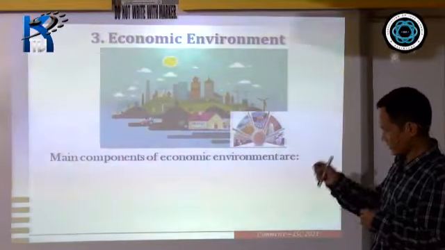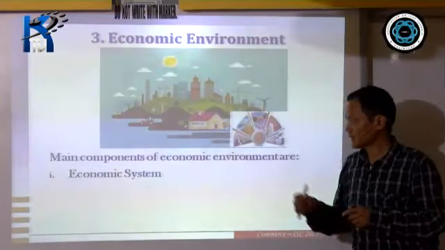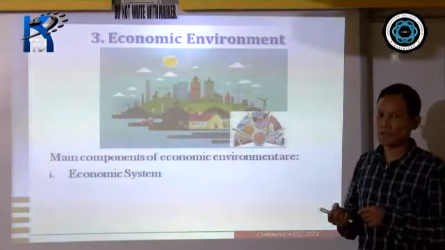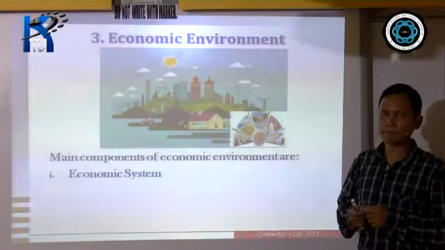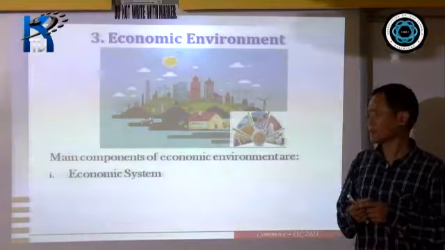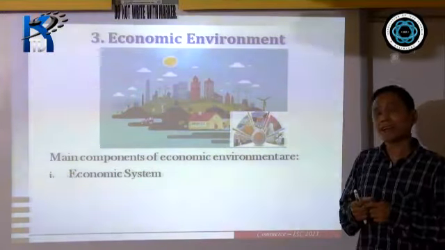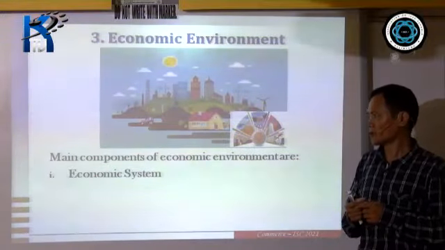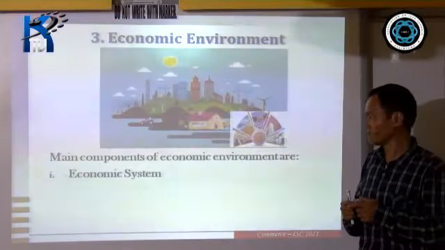The components of economic environment are, economic system. The economic system of a country can be any one out of these three. It can be a capitalistic system where the factors of production and distribution will be controlled by the private firms and private individuals.